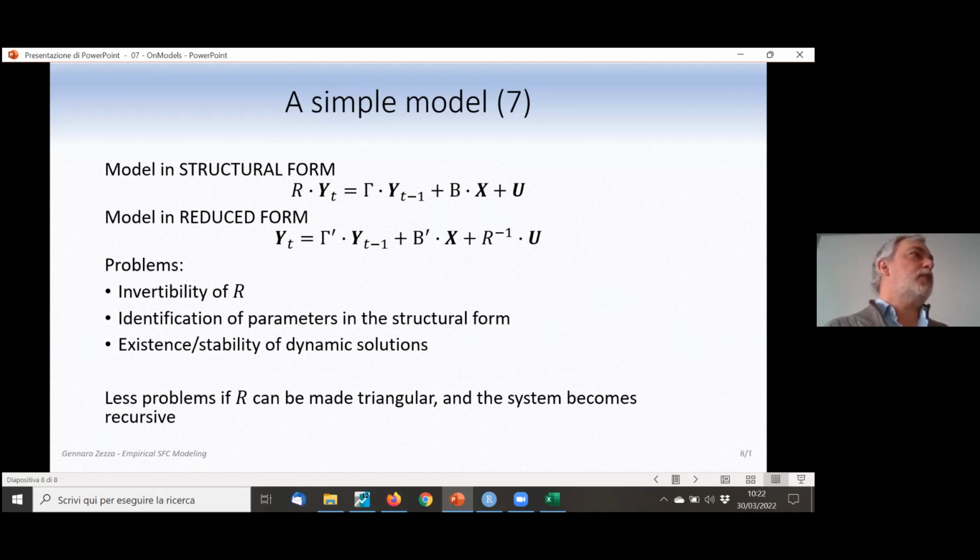Now, is this important? The answer depends also on the type of data you are using and on the frequency of the data that you are using. So if you are working with a model of monthly data, it may be realistic to assume that, let's say, consumption in February depends only on the income in January, December and November, but not on the income in February.